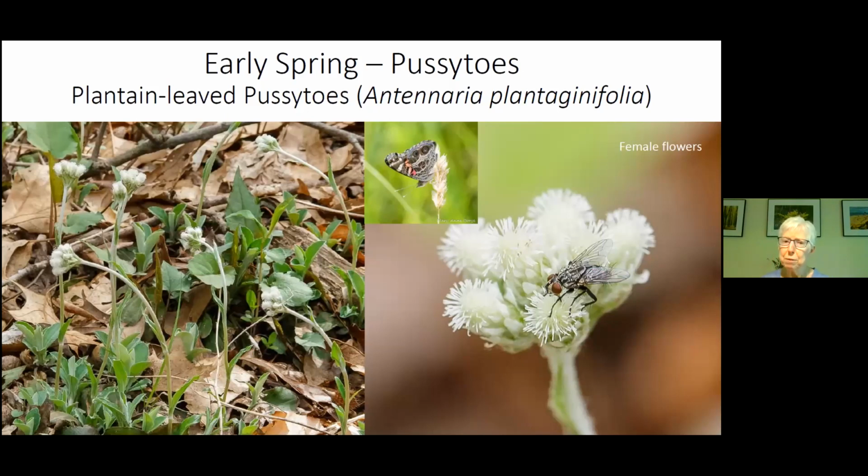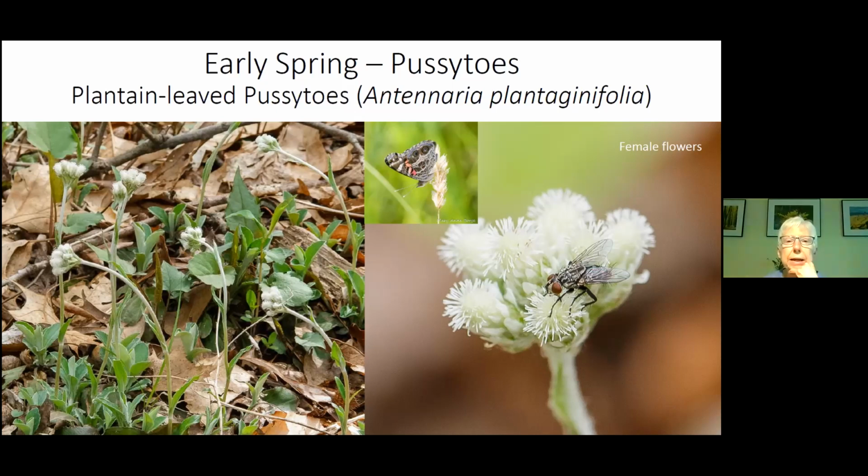Ideally, you have the same pollinator visiting both and carrying the pollen from one plant to the other, but you can see that the flowers do attract a variety of potential pollinators. The Pussytoes are also food plants for the caterpillars of the American lady butterfly. There is a later summer bloomer that also is a food plant for the American lady.